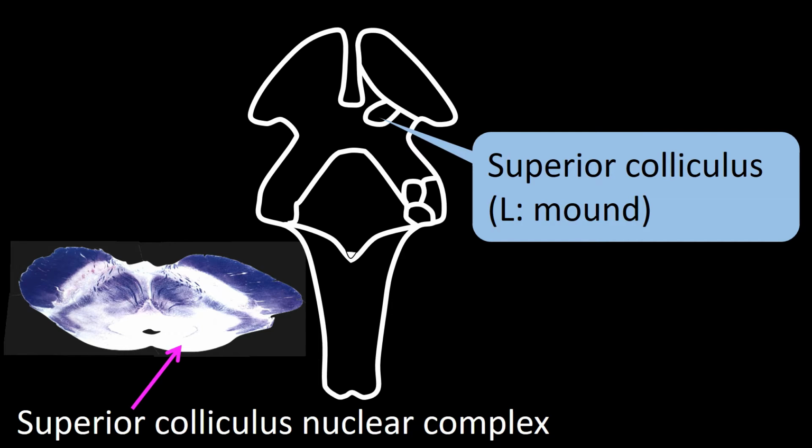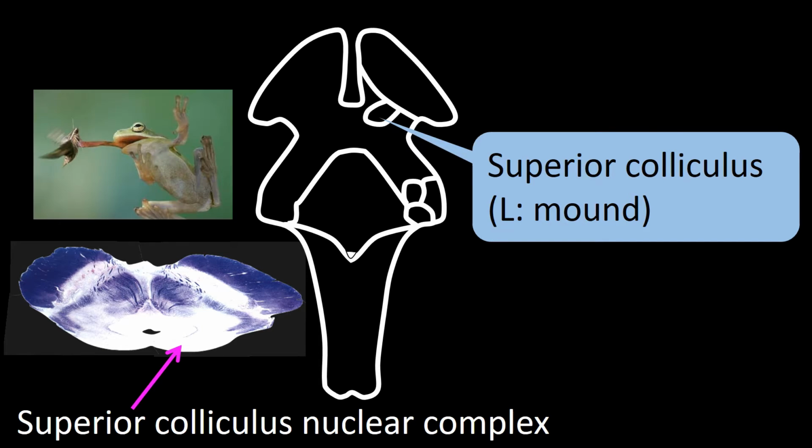The superior colliculus is the expression of the addition of many layers of cells and fibers. These cells and fibers are called the superior colliculus nuclear complex. The superior colliculi nuclear complex has many functions, but the most important one is related to vision.